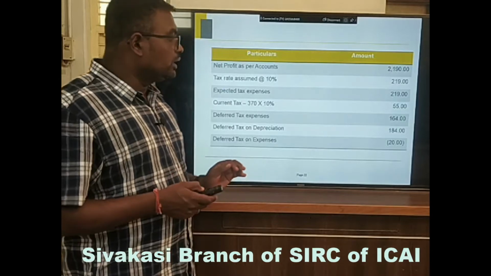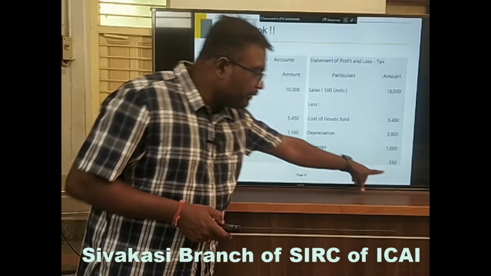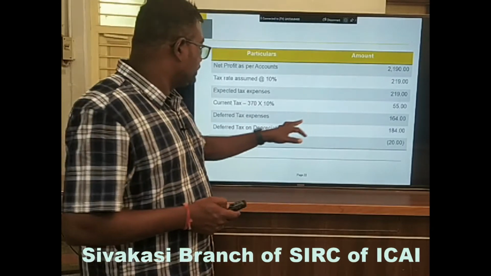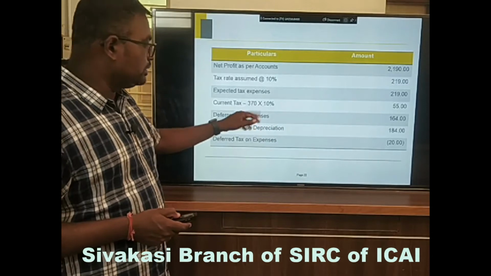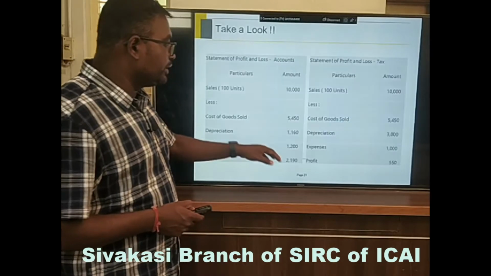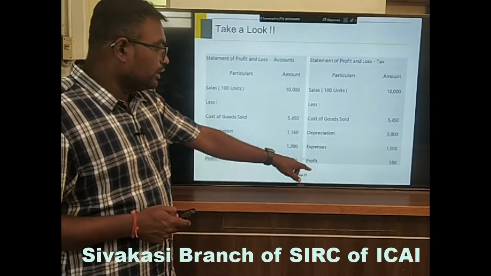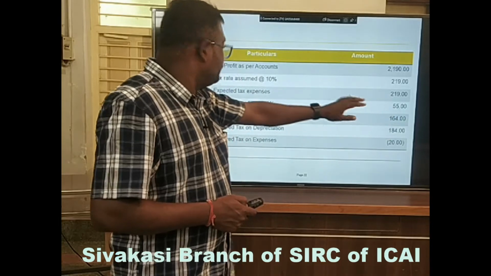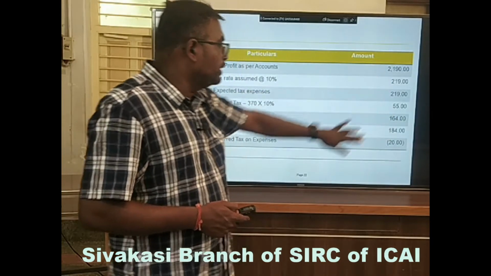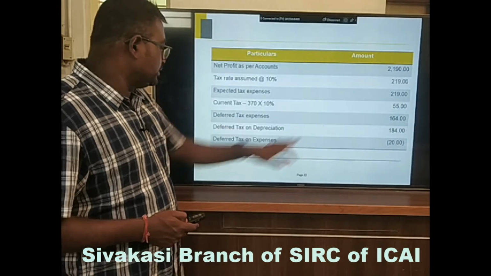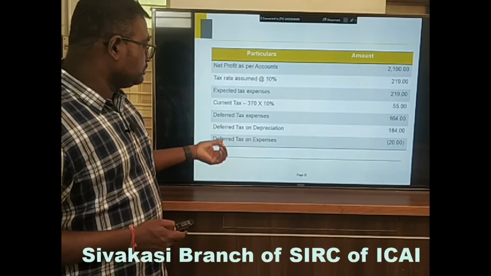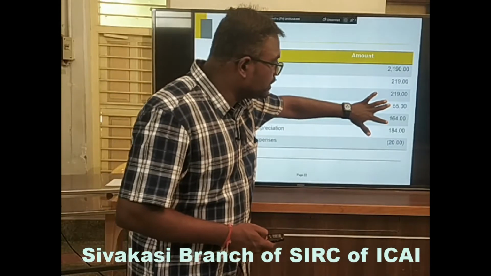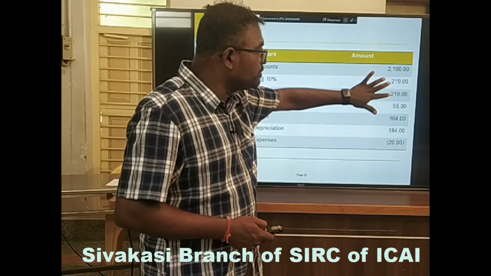But because my profit is only 550 as per income tax, I am supposed to pay a tax of only 55. So what will happen to the difference between 219 and 55? It is recognized as deferred tax. So you can see deferred tax of 164 plus 55 gives 219.